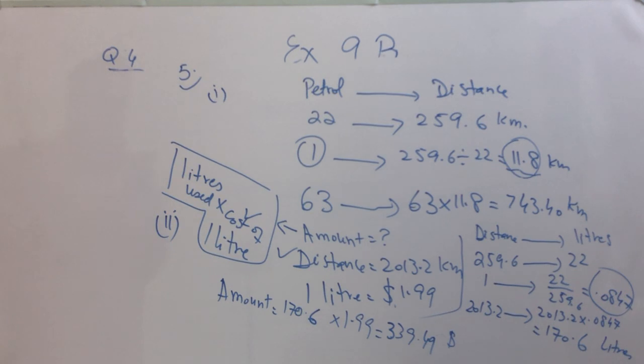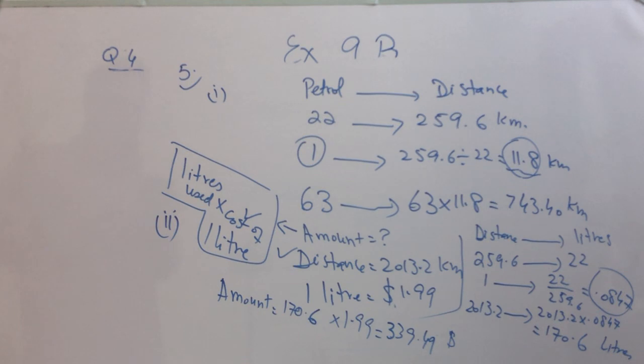So if we travel 259.6 kilometers in 22 liters, then if we travel 1 kilometer, the petrol used will be less: 0.0847457627.